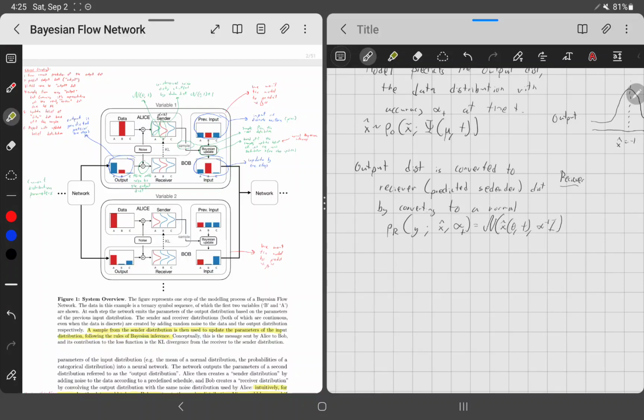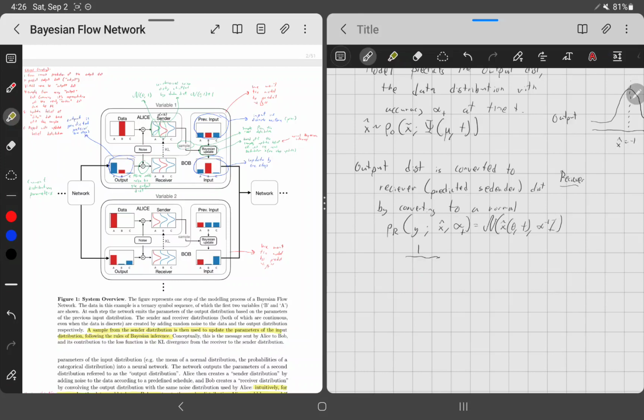And as you increase the number of time steps, you increase alpha so that it becomes a smaller value. So maybe this is 1 over 1, and so on.